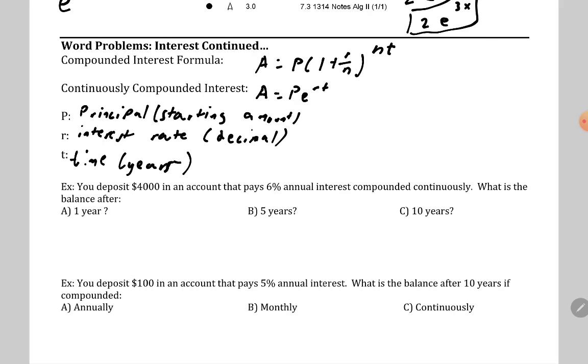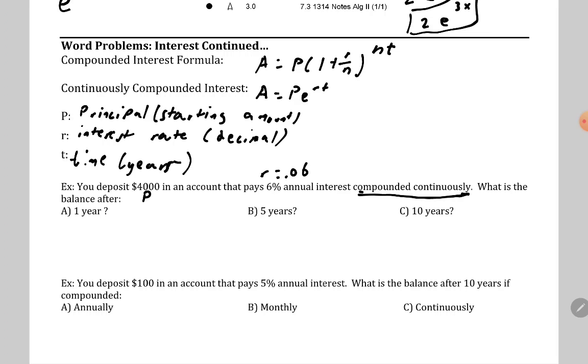Here we go. You deposit $4,000 in an account, so that's our P. It pays 6% annual interest, compounded continuously. Make sure you look for these words, because if it's compounded annually, monthly, or similar, then you'll use the top formula. If it's compounded continuously, then you'll use PERT. So this r value is 0.06.